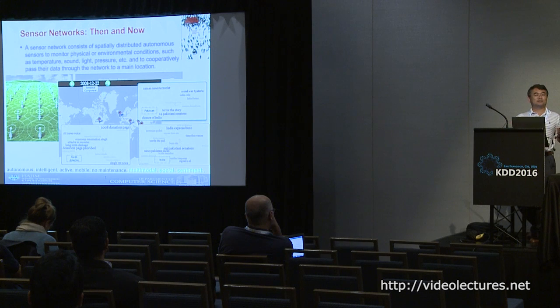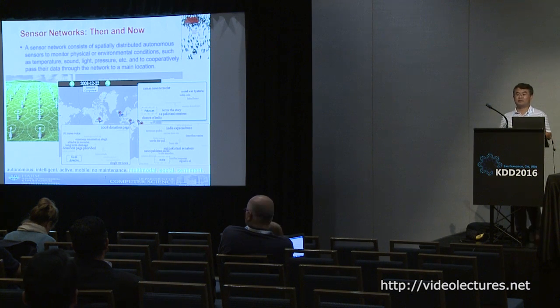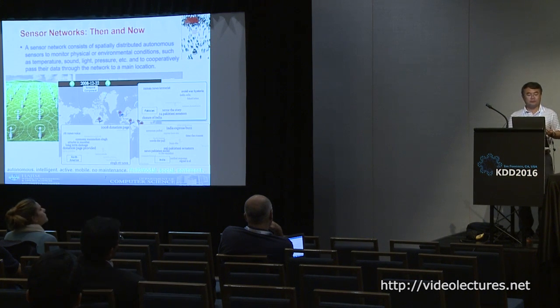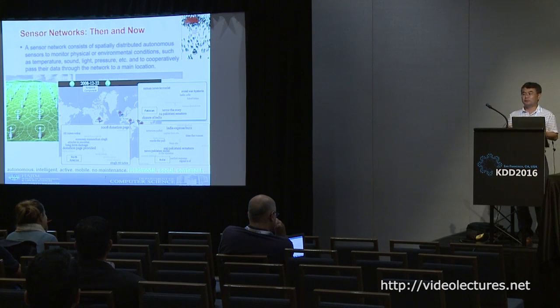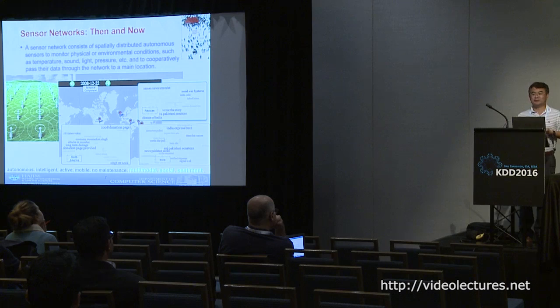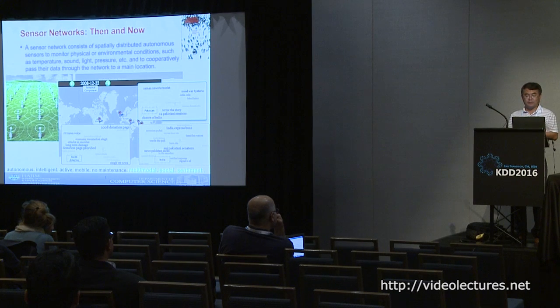We are all intelligent, so we decide what information we want to collect. And we are actively seeking information. And we move around, certainly. Compared to the old sensor networks, there's really no need for maintenance. We know if we are hungry, we need to eat, we need to sleep, we take care of ourselves. So there's no maintenance cost. But I want to emphasize the three properties in green.